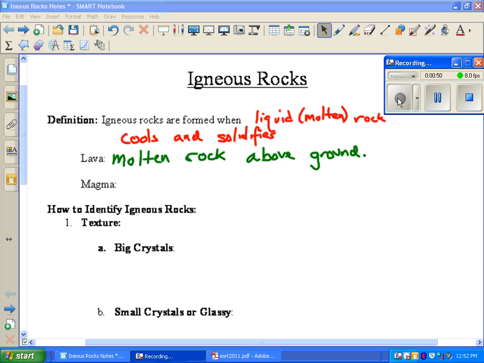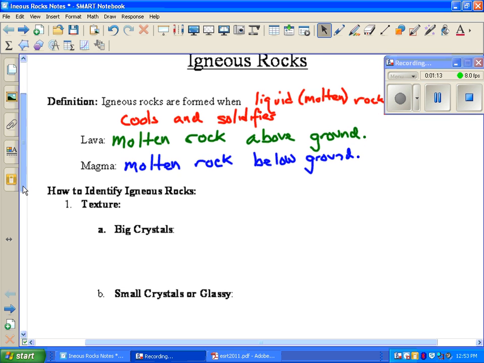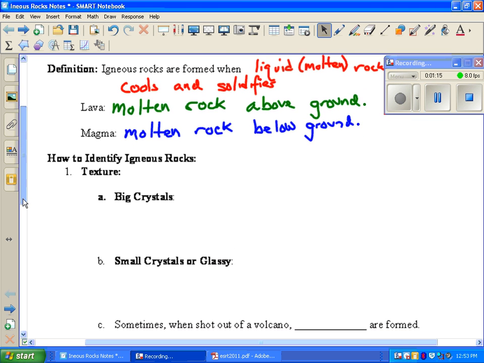Magma is really the same thing, but it's what we call it when it's below the ground. So if lava is running across the ground, eventually that lava is going to cool off and turn into solid rock, and that solid rock would be an igneous rock.